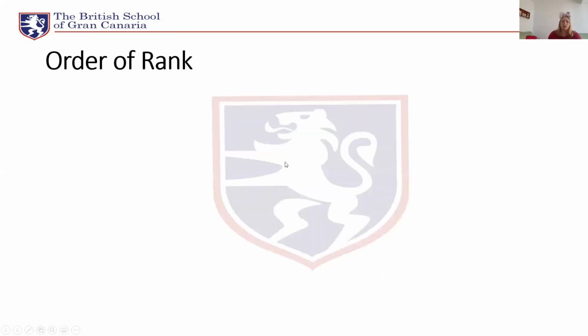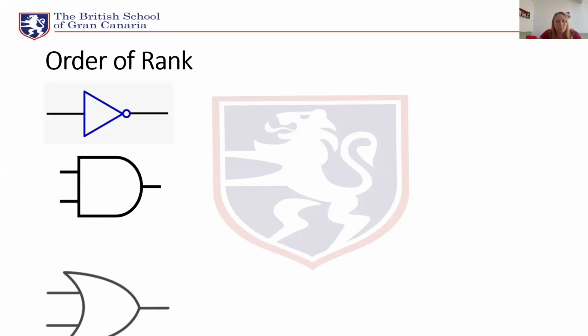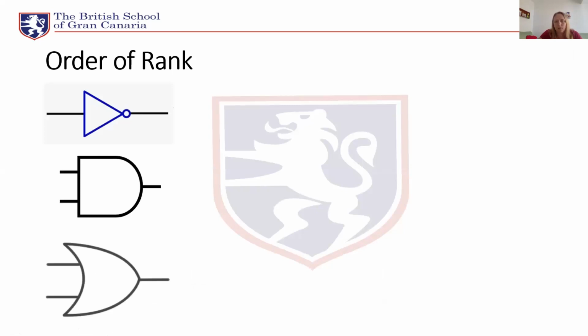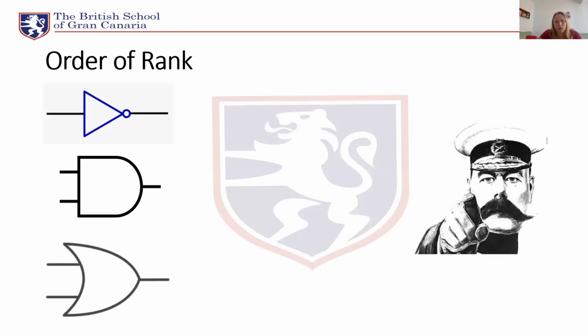Now, please do remember the order of rank that I've given you previously, where these are the 3 main construction gates. And this is the order they go in: not, and, or, when constructing a circuit. So not, and, or. Let me just check my notes to make sure I'm not forgetting anything.